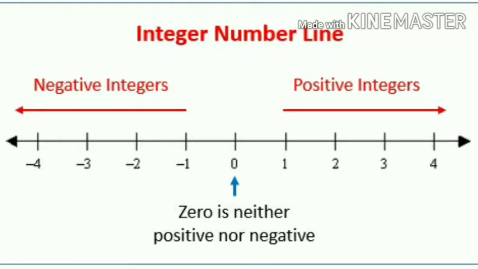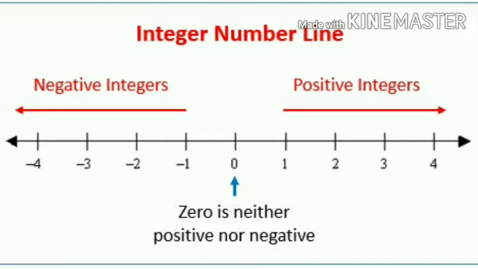On a number line, at the center, 0 is present, and to the right side of 0, all the positive integers are present. As shown in the number line, 1, 2, 3, 4 and so on. And on the left side of the number line, there are negative integers.